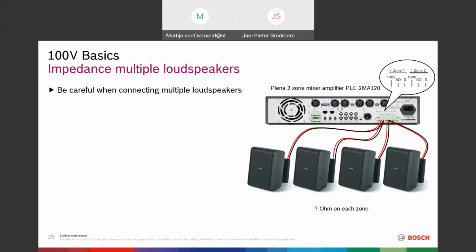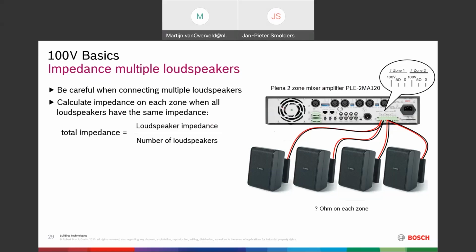Now, what happens if you connect multiple loudspeakers to a single low impedance output of the amplifier? If all these loudspeakers have the same impedance, let's say they're all 8 ohm, you have to calculate the total connected load on this amplifier channel.